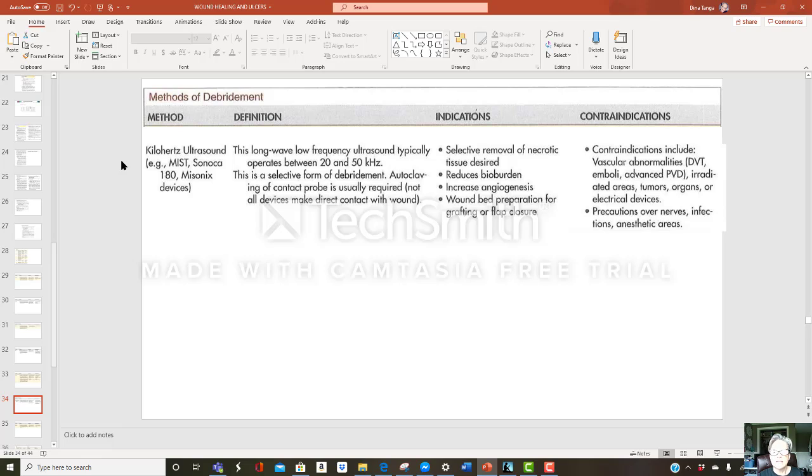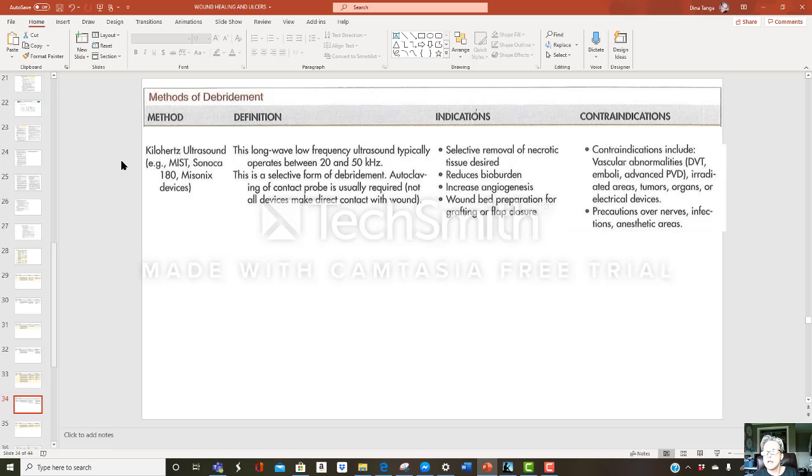Indications: selective removal of necrotic tissue desired, reduces bioburden, increases angiogenesis, wound bed preparation for grafting or flap closure.